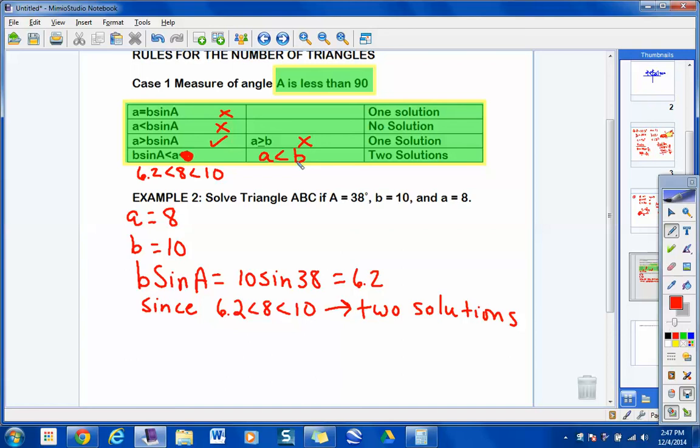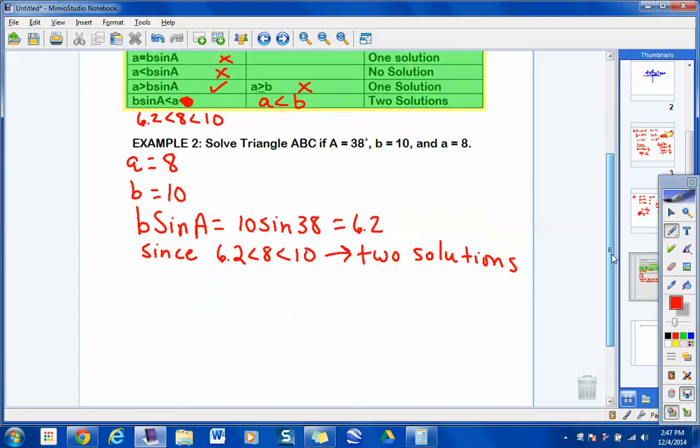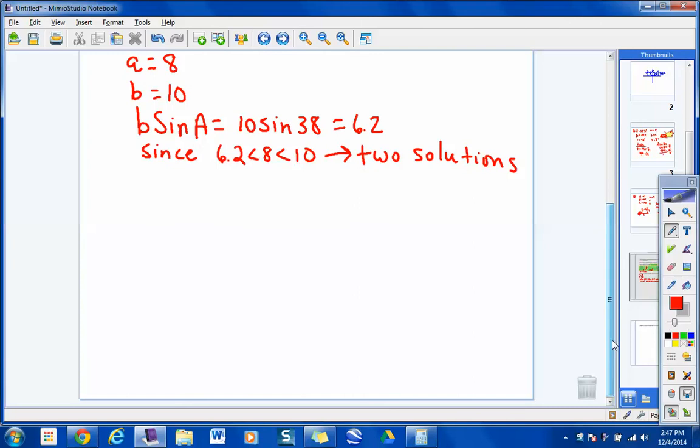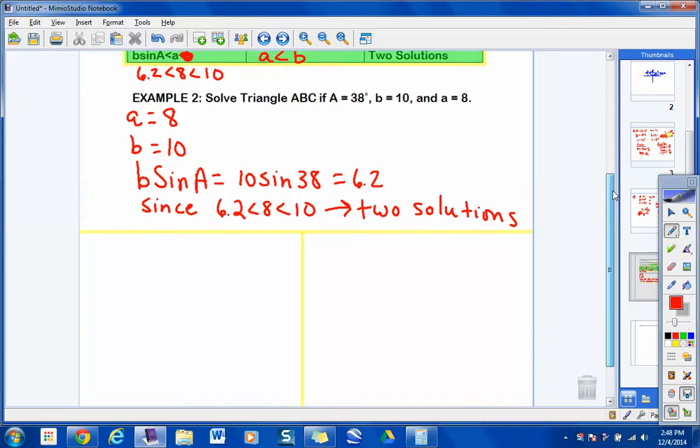Okay, so let's find these 2 solutions. Let's solve this. All right, here we go. First of all, in these 2 triangles, I want to write down what I know. So I'm going to say solution 1 right here.